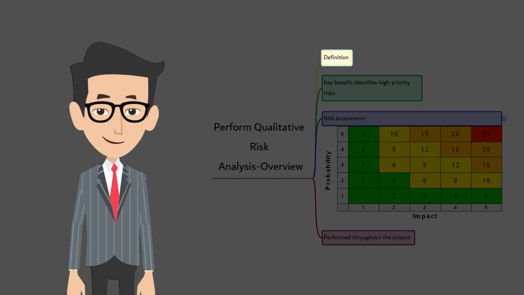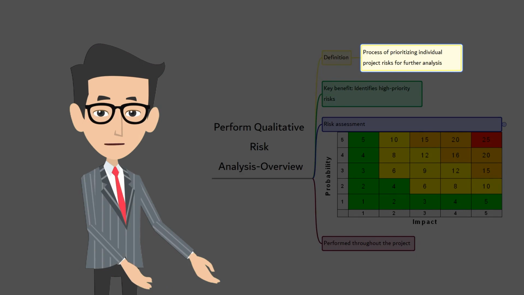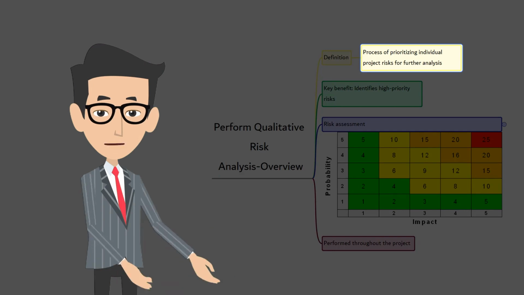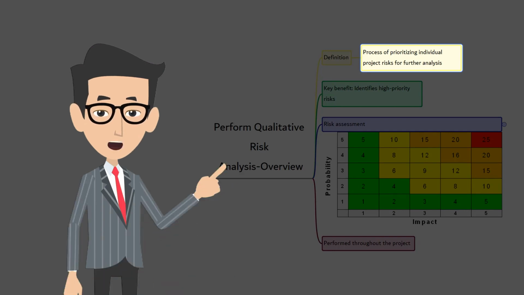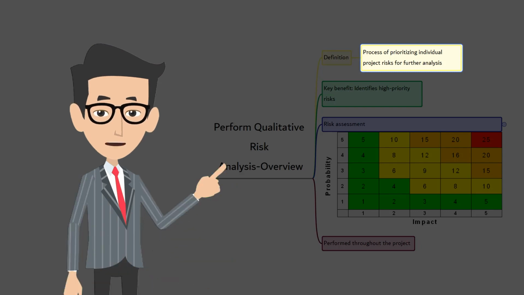Let's look at the definition. Perform qualitative risk analysis is the process of prioritizing individual project risks for further analysis or action by assessing their probability of occurrence and the impact they will create on the project. Qualitative risk analysis is a subjective analysis, meaning it varies depending on the individual's perspective.